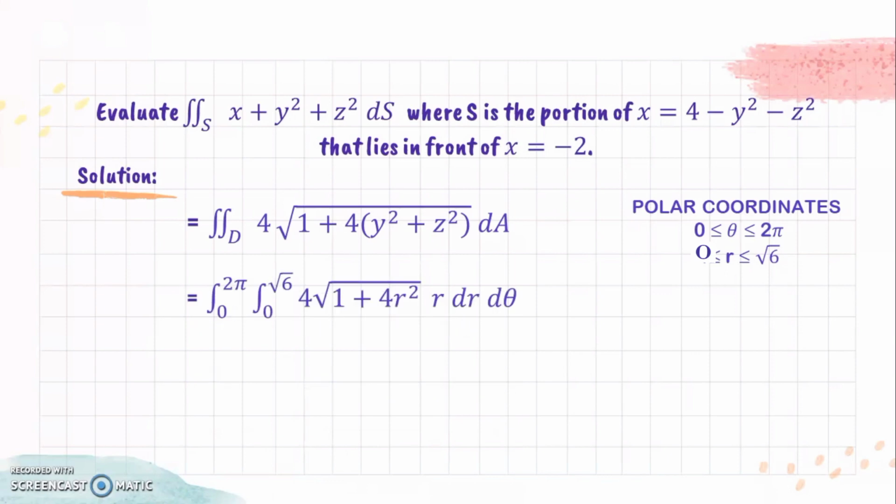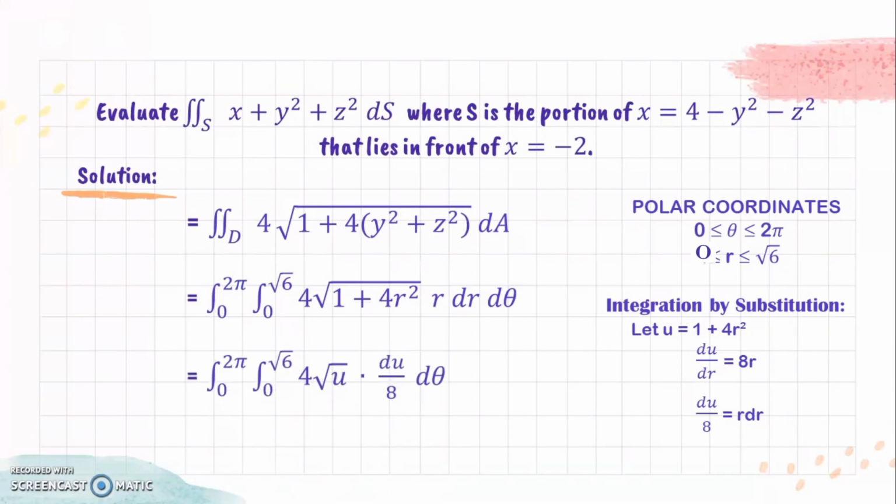Again, in evaluating a double integral, we must start to integrate with the innermost part. However, notice that we cannot easily integrate this, so we will need to undergo integration by substitution. And here is the process. By using the result obtained from the u substitution, we have the double integral of 4 square root of u times du over 8 d theta, evaluating from 0 to square root of 6 and 0 to 2 pi.